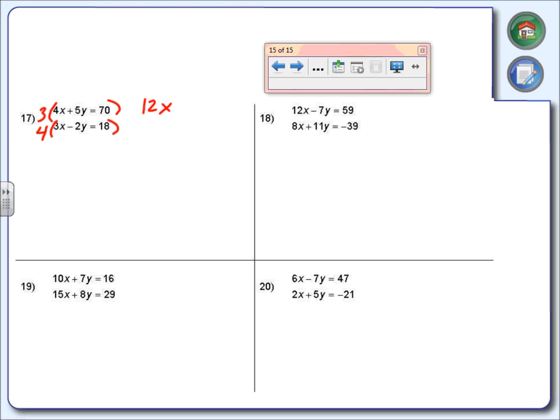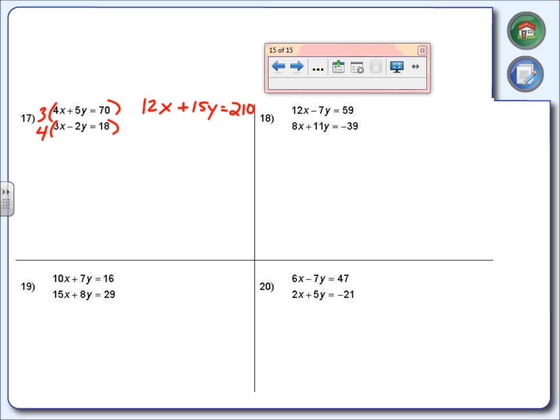3 times 4x is 12x. 3 times 5y is 15y. And 3 times 70 is 210. Let's take the bottom equation and multiply it by 4.